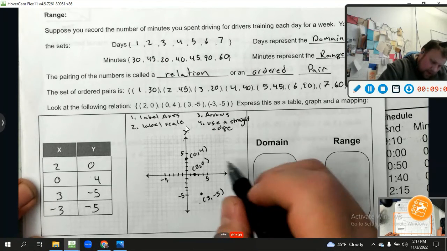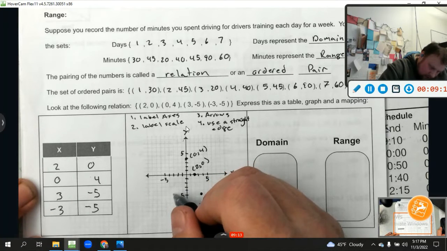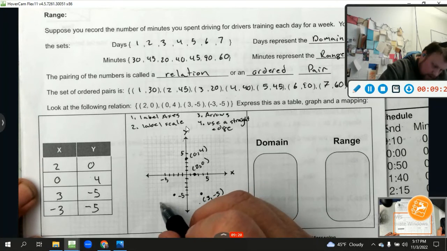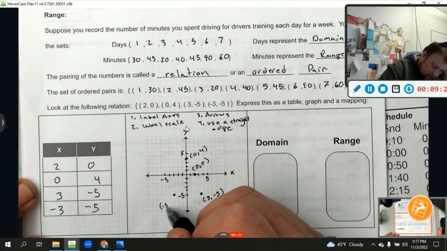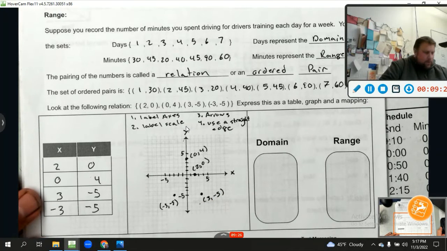And then we have (negative 3, negative 5). So negative 1, 2, 3, negative 5. That's the point (negative 3, negative 5). So there's a graph to represent our relation.